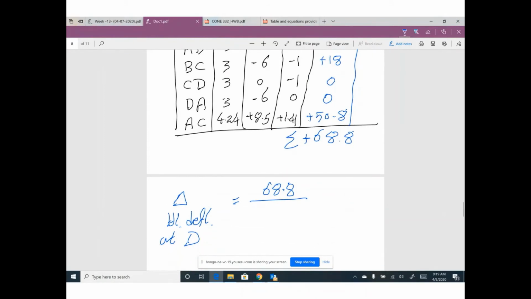So your final answer is positive 68.8 divided by AE. If AE is given, I can get the final answer for horizontal deflection at D.